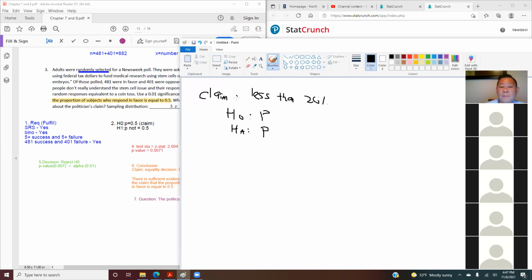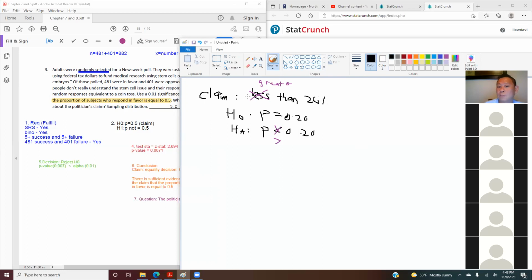If I use the claim, it's less than 20%. P is equal to 0.02 something, and for this case, it's less than 0.02, right? And what happens if your claim is greater than 0.02? Then we use greater than, right?